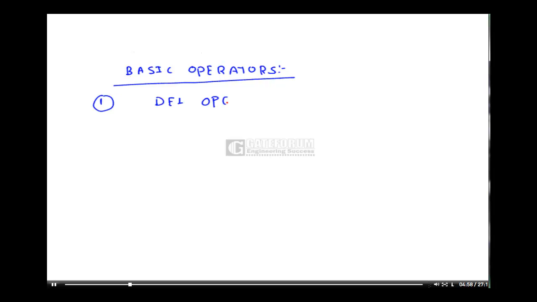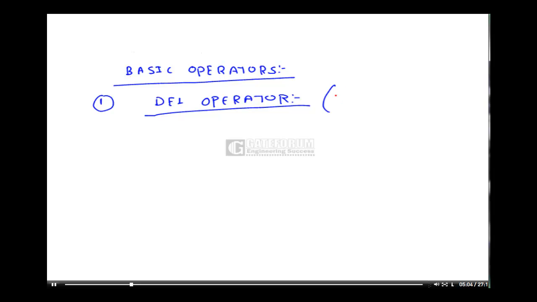Now we will discuss some basic operators in electromagnetics that we are using. The first one is the del operator.